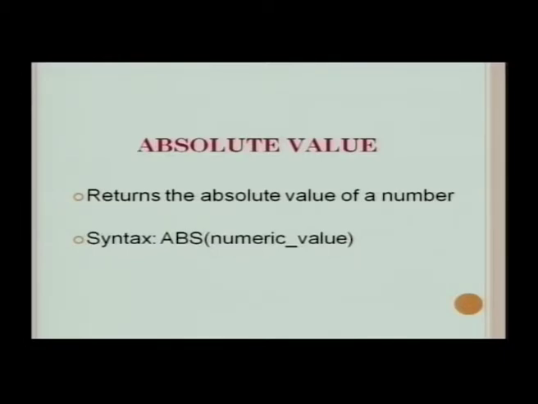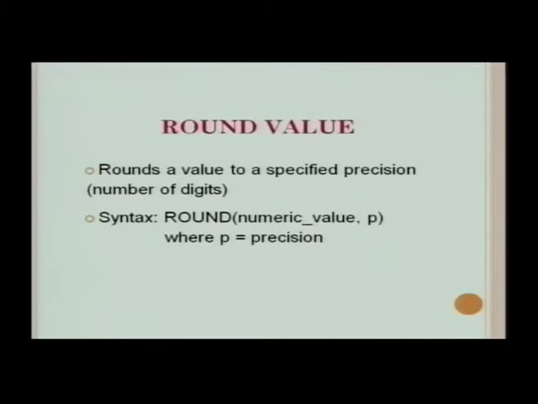Suppose you want the absolute numerical value of any column present in the table. Upon using this absolute value function, you can retrieve or display the absolute value. Let us see one example. All the examples you can see in the same query, covering absolute value, round value, truncate value and other things.